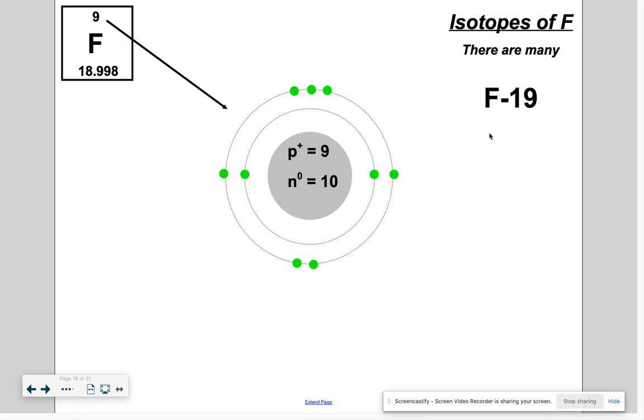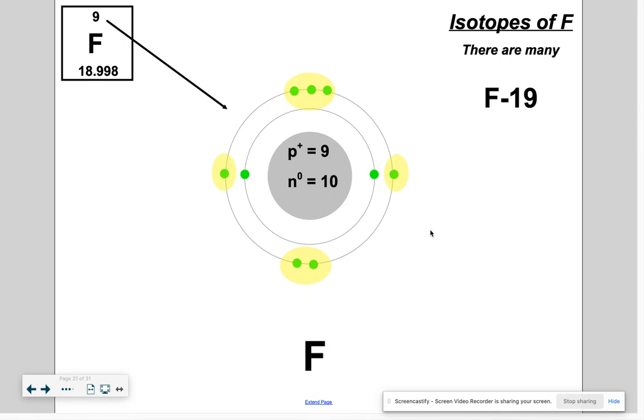Great. So there are 9 total electrons, but how many valence electrons does fluorine have? Well, count them. 1, 2, 3, 4, 5, 6, 7.